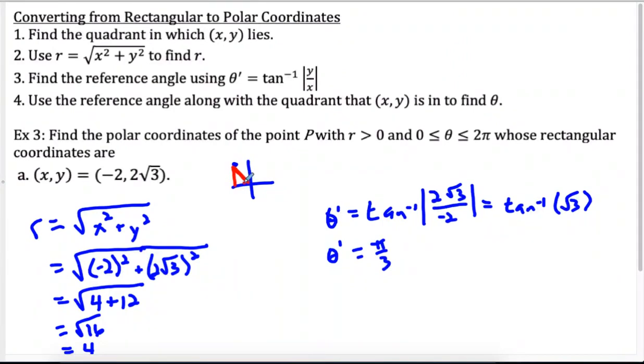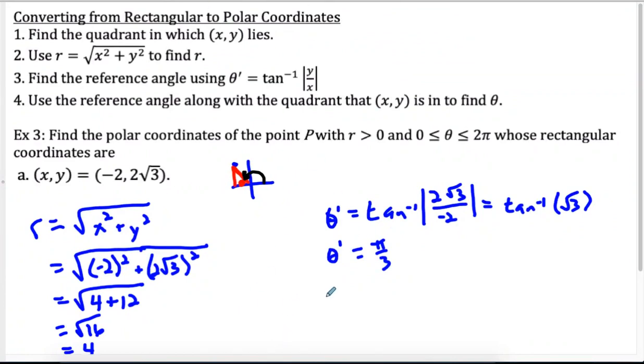But now, reference angle, remember, measures the angle from the x-axis. So this would be my reference angle right here. That means if this angle is 60 degrees, or pi over 3, the angle that I'm actually interested in is this angle. So if I'm in the second quadrant here, that's where it is important to know that we are in the second quadrant. So I would say this black angle here would be 180 minus 60, or pi minus pi over 3.